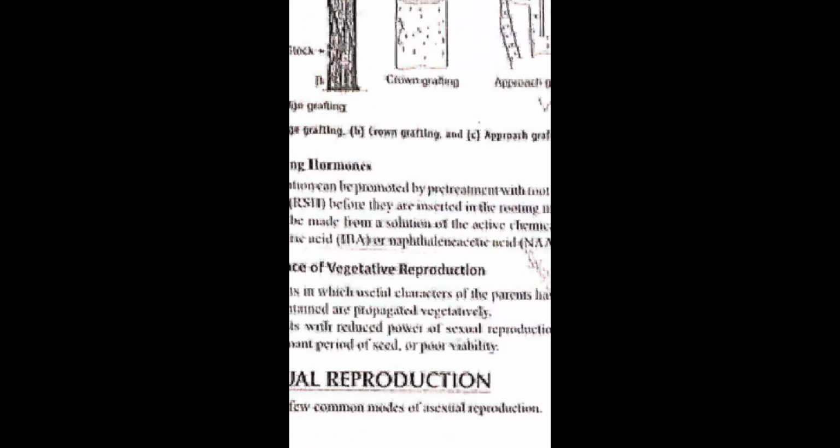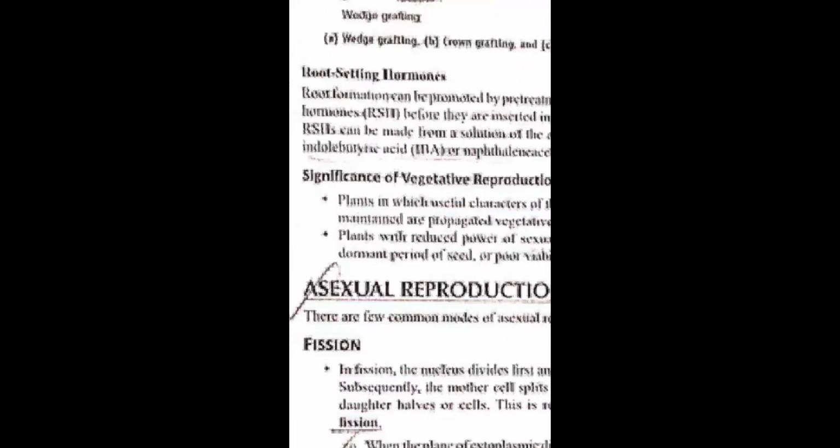At the same time, another plant has no sweetness, but the size of the fruits is very big. You take the two samples and cross them. That means when we do vegetative propagation, you will get good quality as well as good size of fruits. That's why these are the useful characteristics we are going to propagate here.